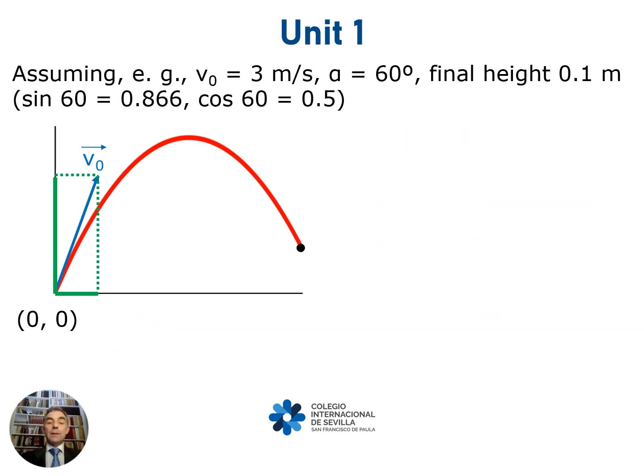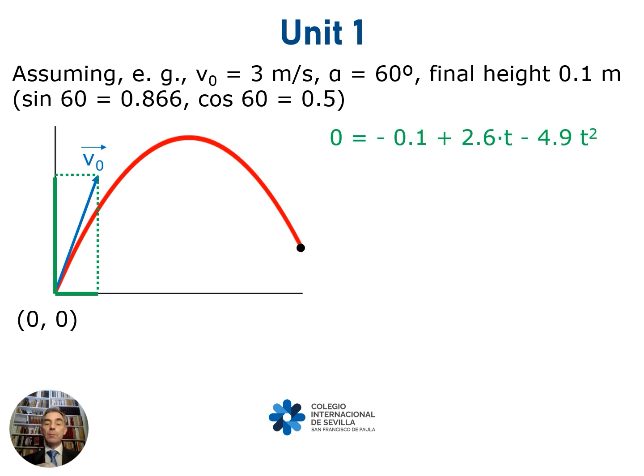So let's recopy our equation. 0 equals minus 0.1 plus 2.6 times time minus 4.9 times time squared. We can work with the equation the way it is. It is normally easier if we have the coefficient of t squared with a positive sign.